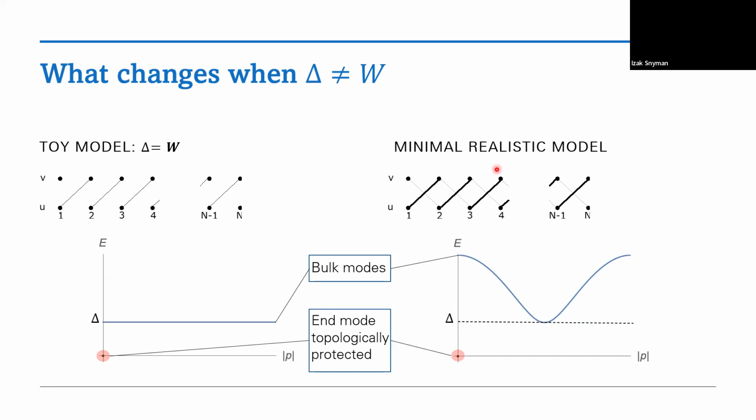So deforming from the toy model to the general model preserves that topological index, and so the zero energy quasiparticle modes remain. What you have extra in the real model is just that the bulk quasiparticles a little bit above the superconducting gap now have dispersion.